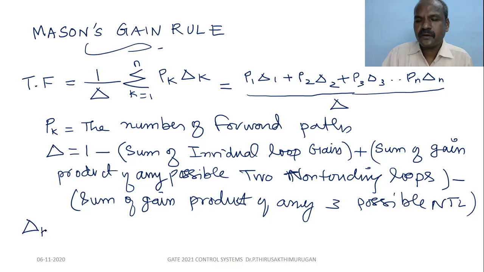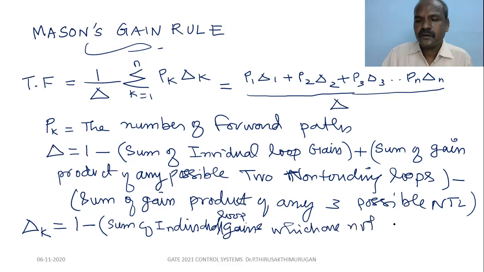What is delta k? Suppose delta 1. What is delta 1? The same formula as delta: 1 minus the sum of individual loop gains, but only the loop gains of loops which are not touching the kth forward path.